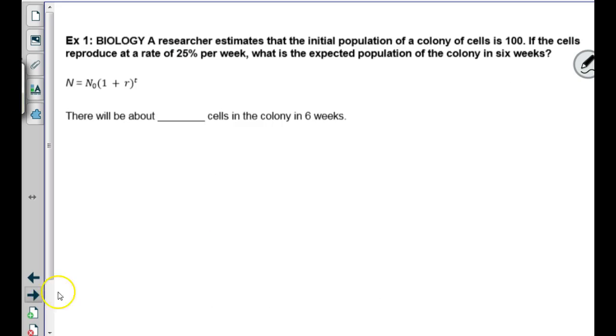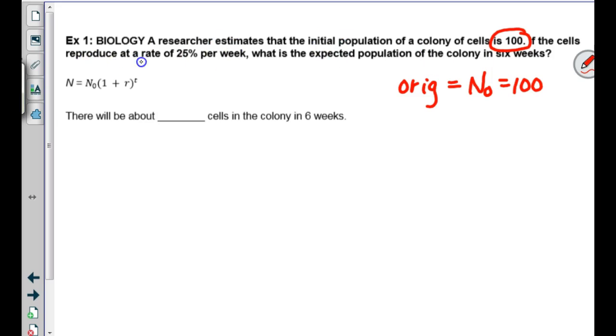All right, so example number 1. Do you have this question, guys? 2A. Biology. A researcher estimates that the initial population of a colony of cells is 100. So we're starting at 100. Original, or they will call it N sub 0, is 100.